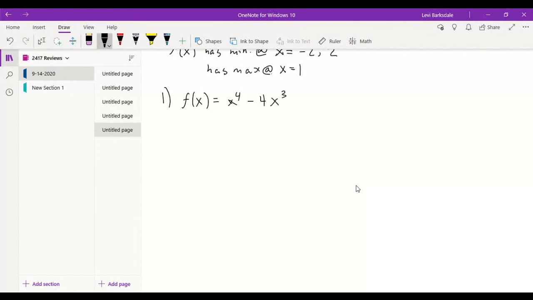Okay, and then our second one is going to be h prime of x is equal to minus 2 times e to the x. And the second one, it's a little trickier because it's more of a conceptual question, but I think you can get it.